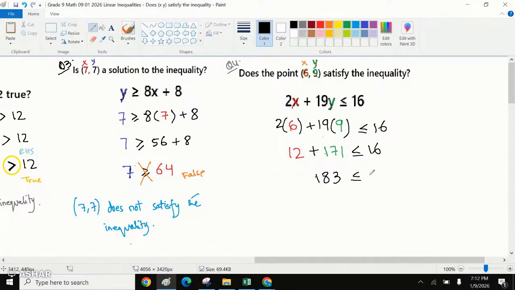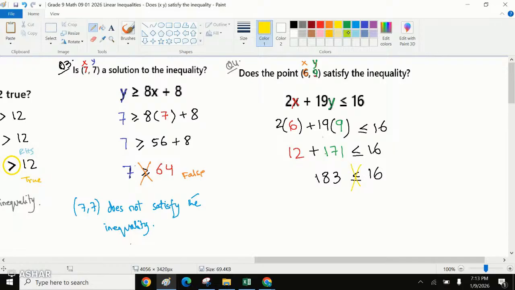If I say 2 is less than 1, you would always say it's false, right? Similarly, I cannot say 183 is less than or equal to 16. If the left side came out to be 16, then we could still say it's equal because we also have an equal sign, right? But this is coming out to be 183, so it is not.